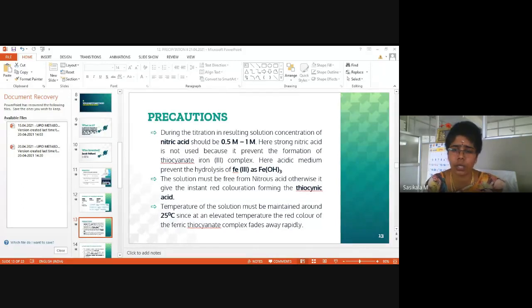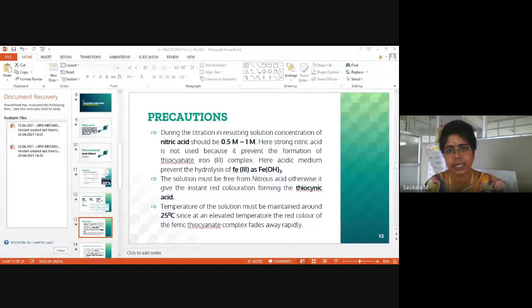And one more point I didn't say in the last class. Why is this precipitation titration called argentometry? It is called argentometry since it involves the reaction of halides with silver ions. A titration involving silver ions represents argentometric titration.